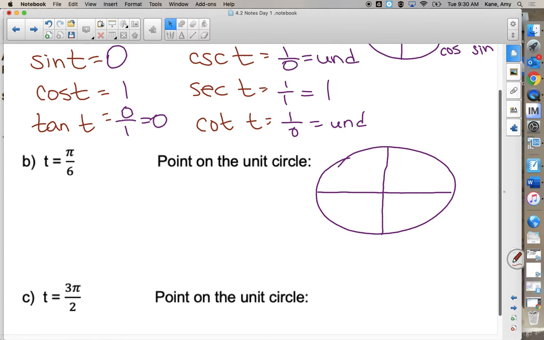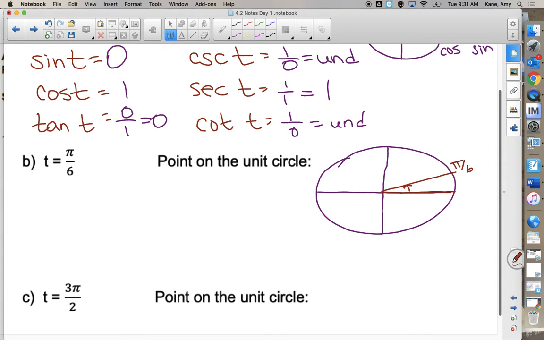Pi over 6 is my smallest of the angles between pi over 6, pi over 4, pi over 3. So that's the first angle, because it's a 6 at the top of the circle. So we need an ordered pair associated with pi over 6.